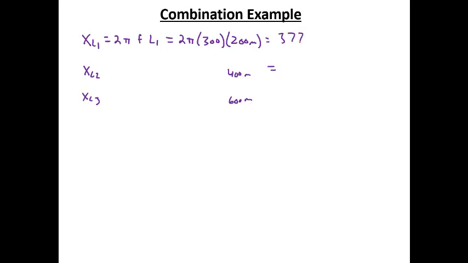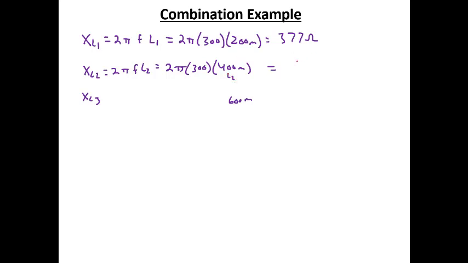377 ohms. All right. Next one, we'd have 2 pi F L2. So this would be 2 times pi times 300 times 400 millihenries. This is the inductance L2.